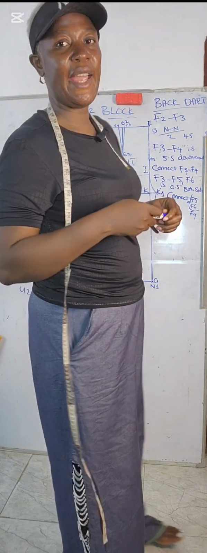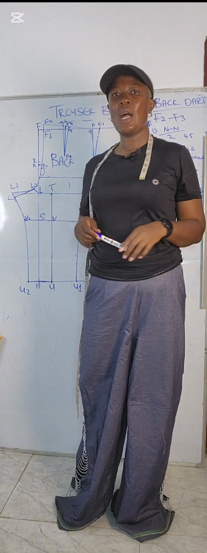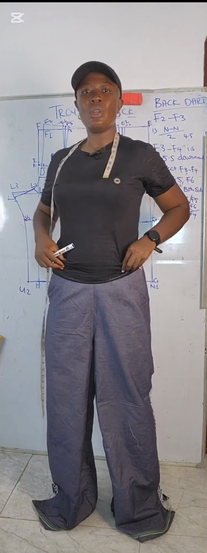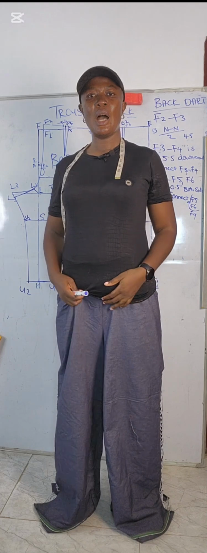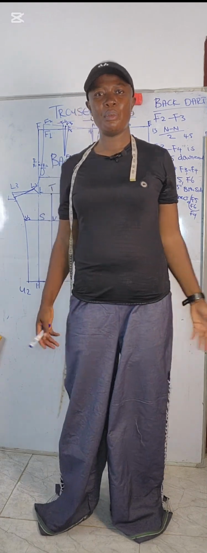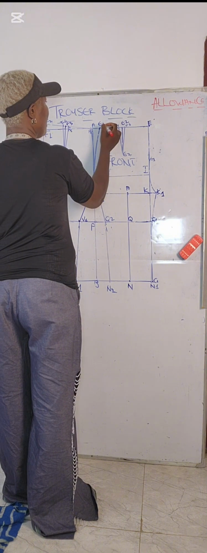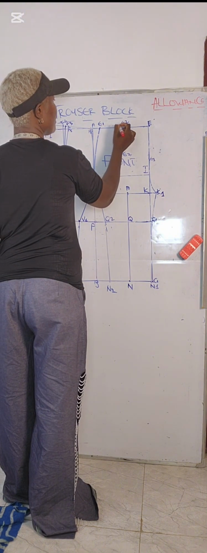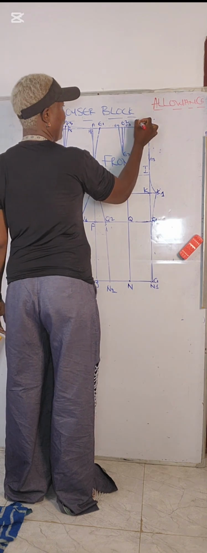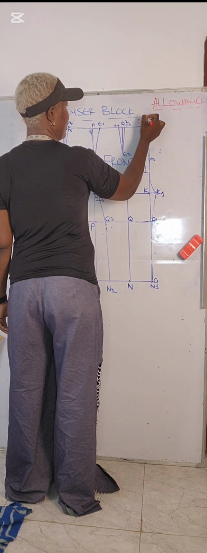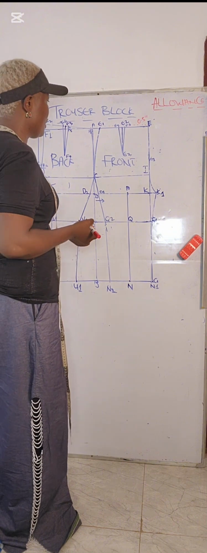So this is the end of drafting our pattern. I'm going to show you how to add allowance and stitch our trouser pattern. I'm going to add here half an inch. This is 0.5 inch for allowance.